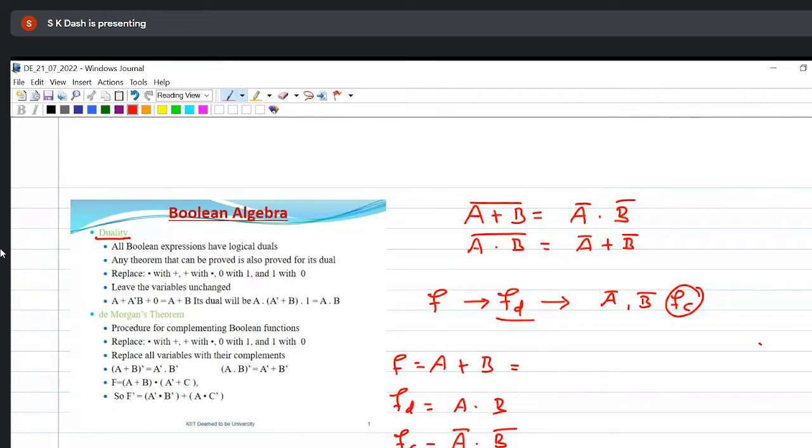So in this way we first take the function, then the dual function, then in the dual function we replace all variables with their complements, and we get the complement. Okay, so here an example is given.